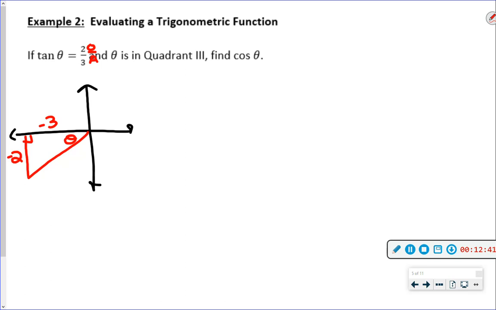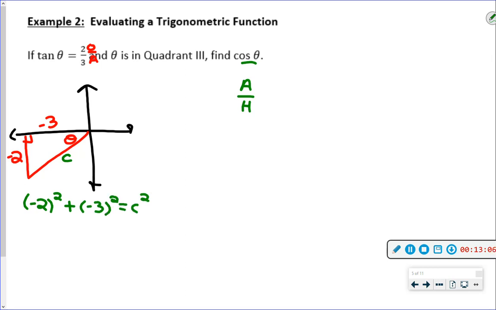Now, final answer I want from you. I want cosine. So I want adjacent over hypotenuse. So I'm like, oh, crud, okay. Well, I got to do a little bit of work here. I've got to figure out my hypotenuse. What magical theorem are you using to find your hypotenuse? Pythagorean, yeah. So -2 squared, -3 squared, hypotenuse squared.